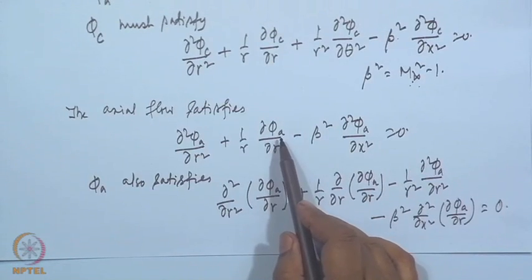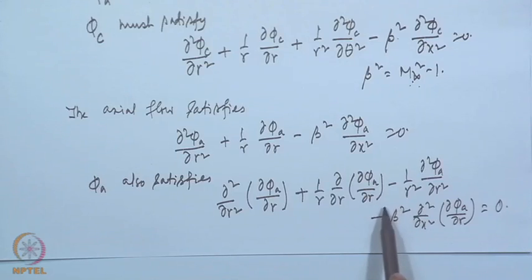Since phi satisfies this equation, phi also satisfies this equation, which is obtained just by differentiating this with respect to r.